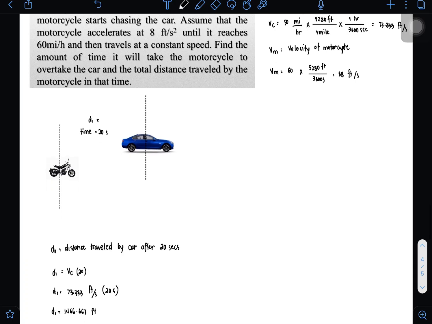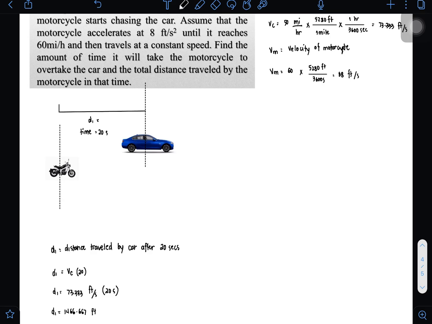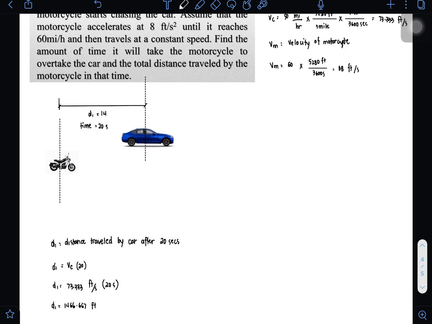So the question here is how much time is spent by the motorcycle just to overtake the car. So at this point the car has traveled for 20 seconds. So this is the d1 already, and it measures 1466.667.